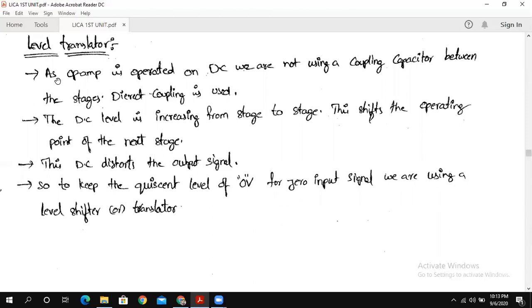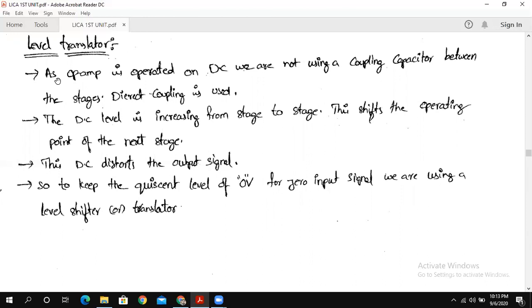In those 4 blocks, the first 2 blocks consist of differential amplifiers, and the third block is the level translator circuit. So up to now we have discussed differential amplifier circuits, and how to improve the CMRR for the differential amplifier. And now we are coming to the third block, that is the level translator circuit.